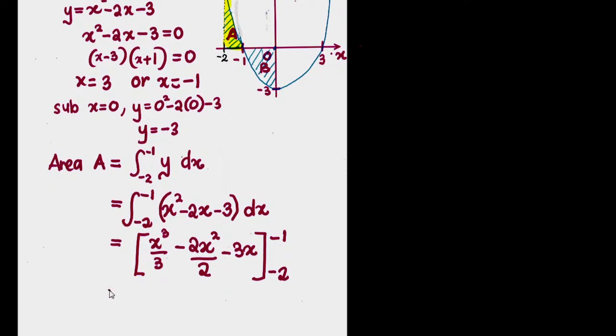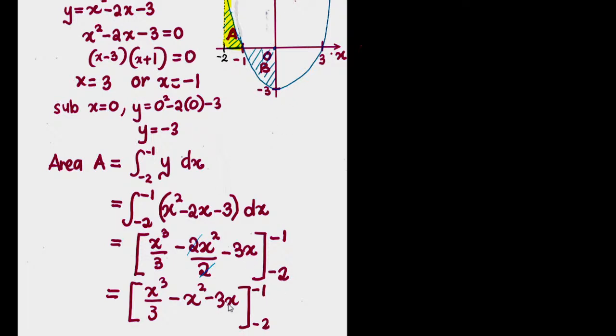Then this is the part where if you feel that anything here can simplify, you simplify. So here the 2 I'm going to cut off. So it's going to be like this: x cubed over 3 minus x square minus 3x. Okay, done. Up to here, ready.